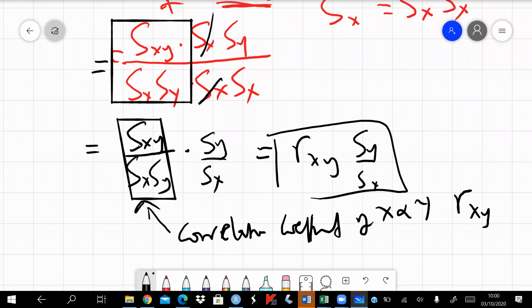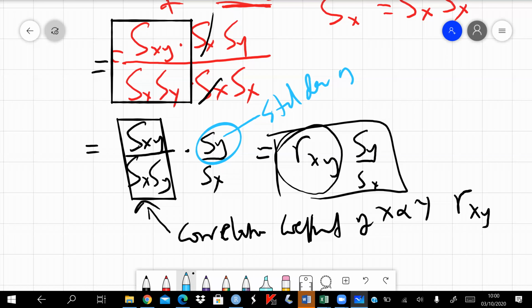So you can play around with that formula and get different versions. So if you're given the Karl Pearson's correlation coefficient, this is the standard deviation of y, and this is the standard deviation of x.